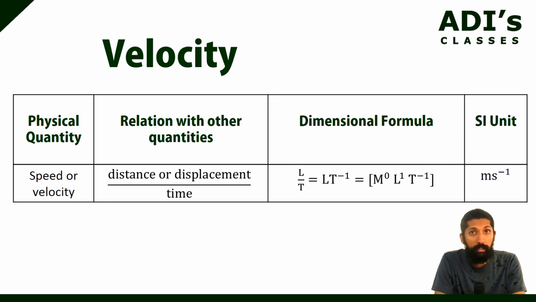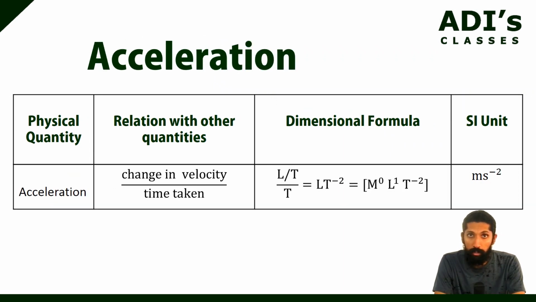Same way if you do for acceleration. Now what is the unit of acceleration? Meter per second square. Correct? When you have meter per second square, meter which is L1, M0, T0. Correct? Second square, you are squaring the time. You get L0, M0, T2.